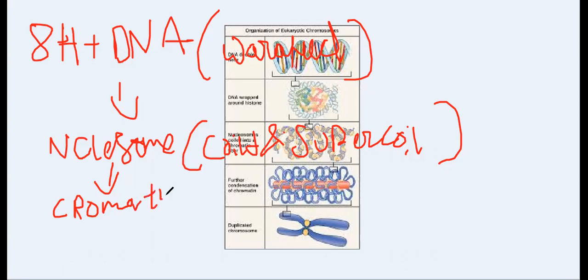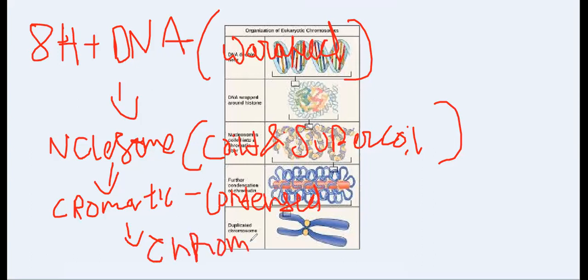This chromatin is condensed and forms chromosomes. So this is how the chromosomes are formed.